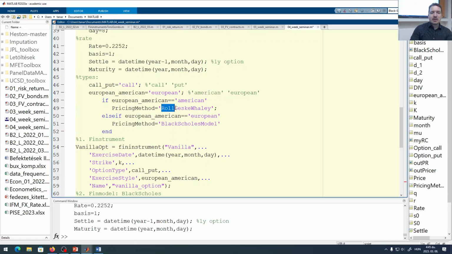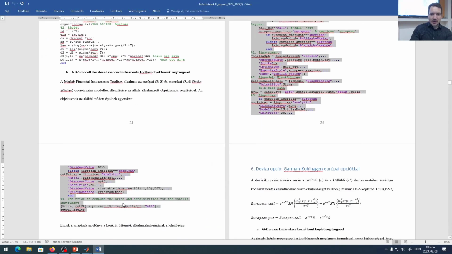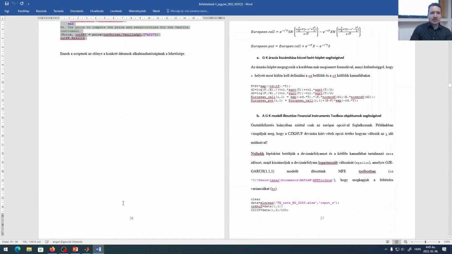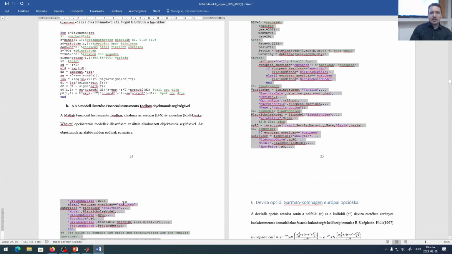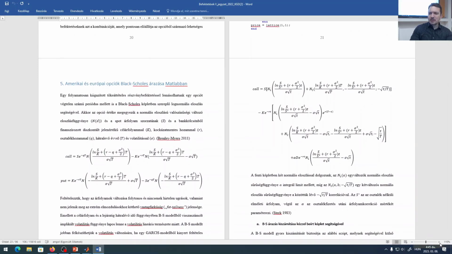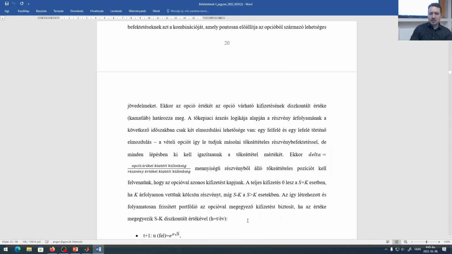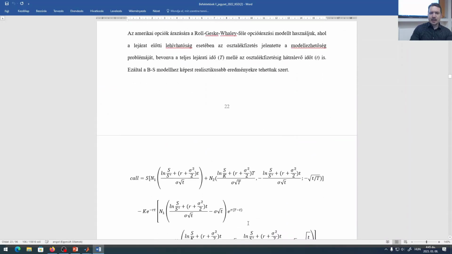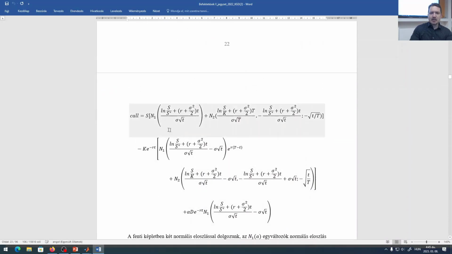And in this case, the Roll-Geske-Whaley function will be used, which is quite a disgusting thing. So until we can easily build up the equation of Black-Scholes for European options in MATLAB by hand by just following the equation, this is the American option, just for call.